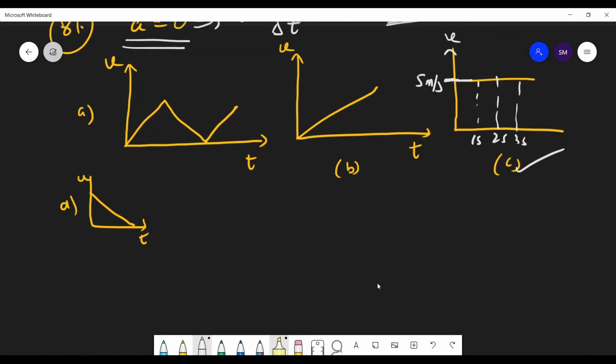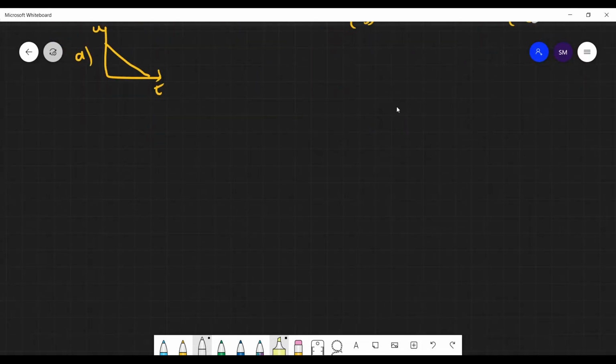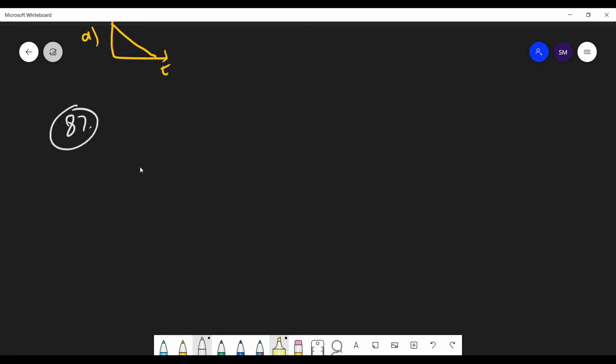Okay, let us do another question. Question number 87. This is time. This is velocity.